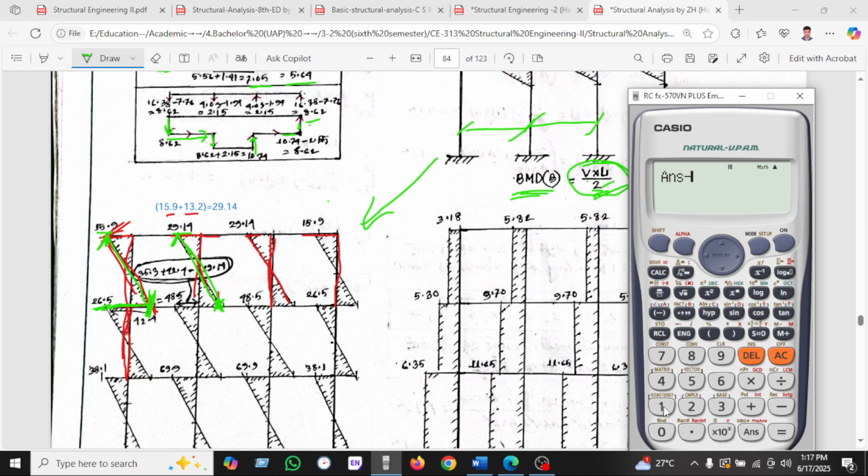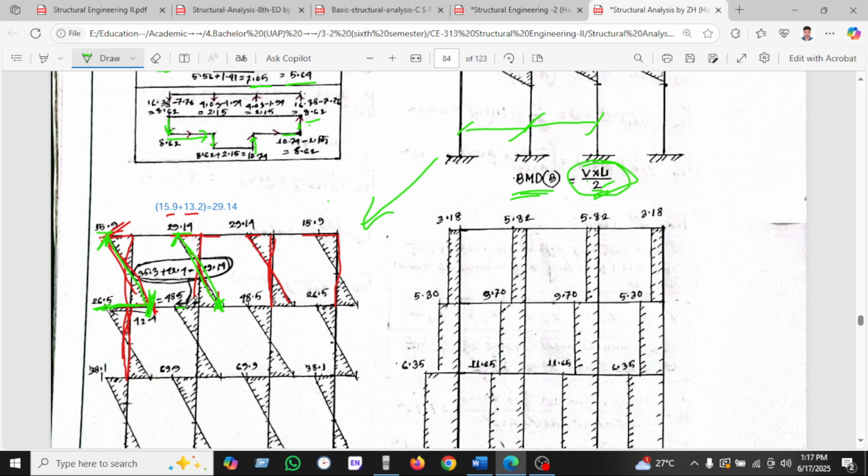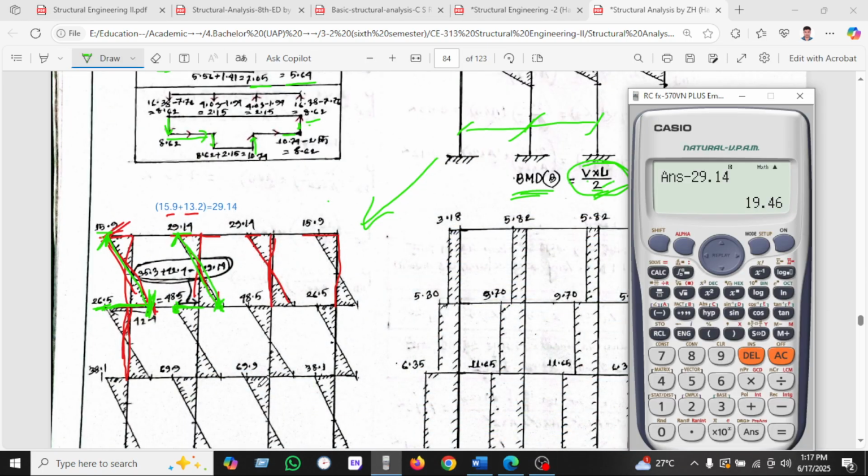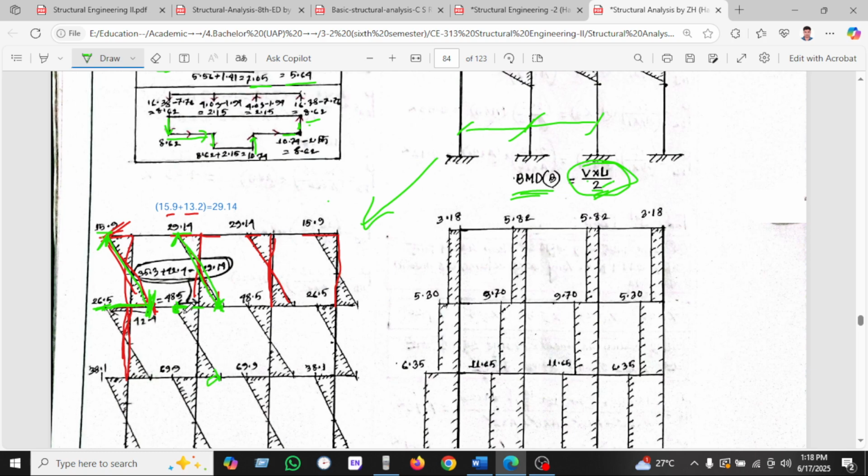Minus 29.14, so it will be 19.46. So we can see this value 19.46, and this also 19.46. Keep in mind here.